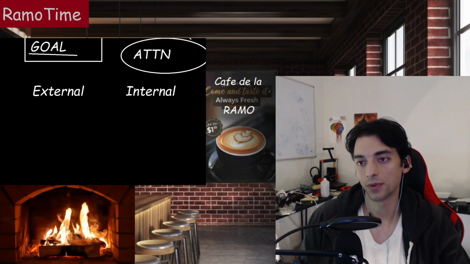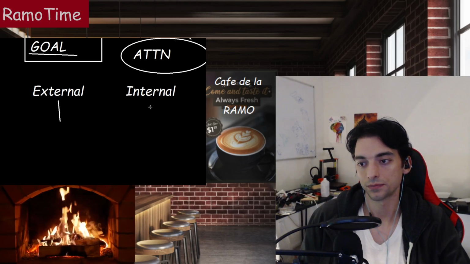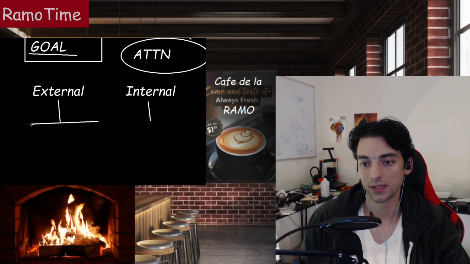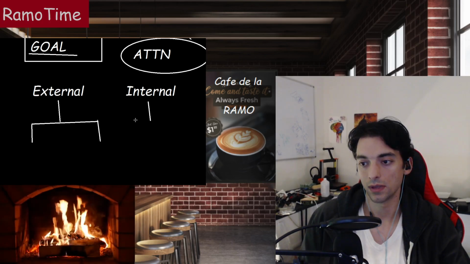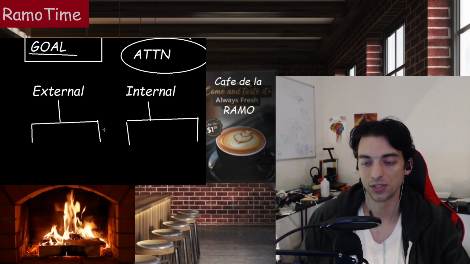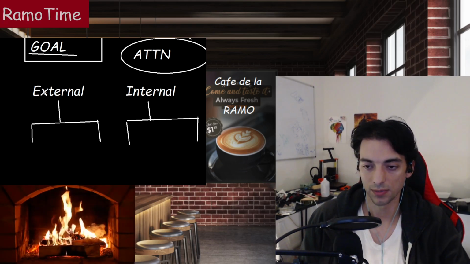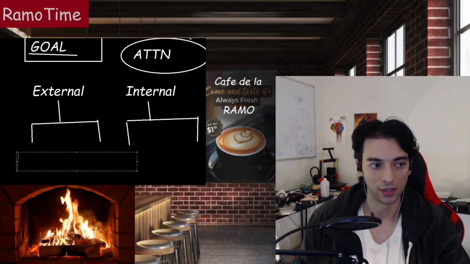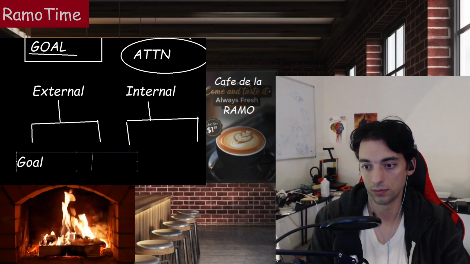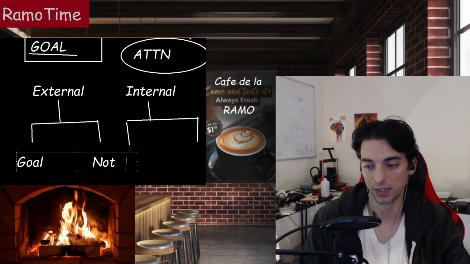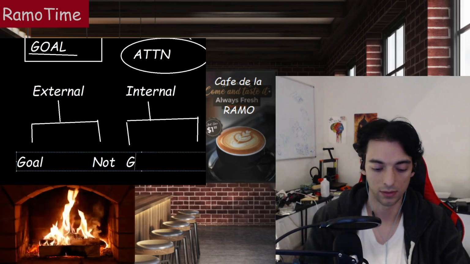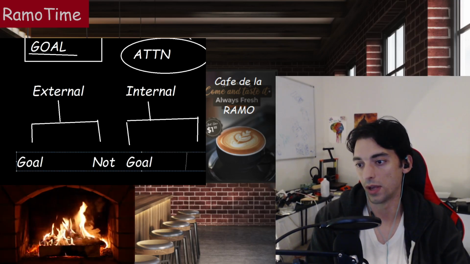And then people can break this down further by whether something is a goal or not, which means it's a distraction, right? It's a two-dimensional axis, so you could flip it. And then let's do it here again. Goal or not.